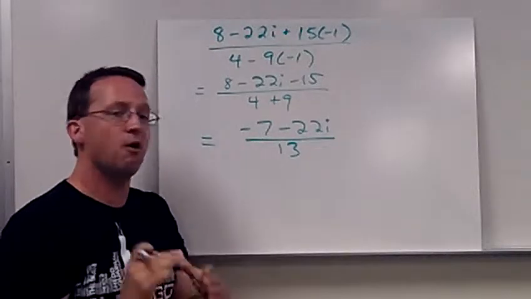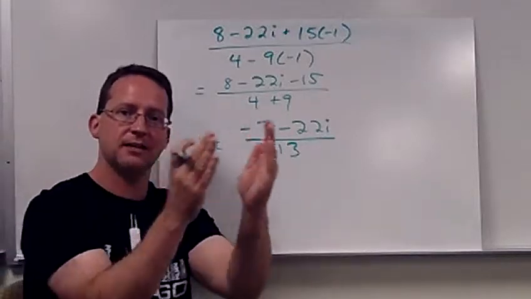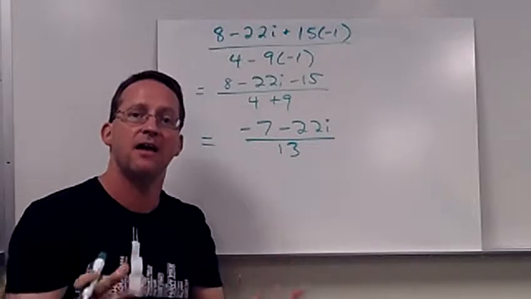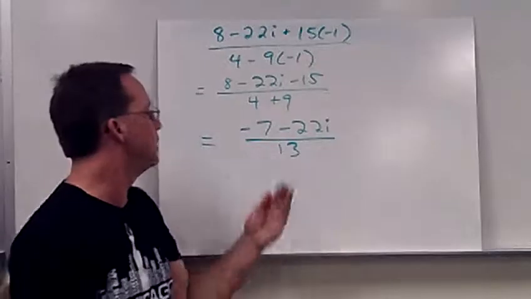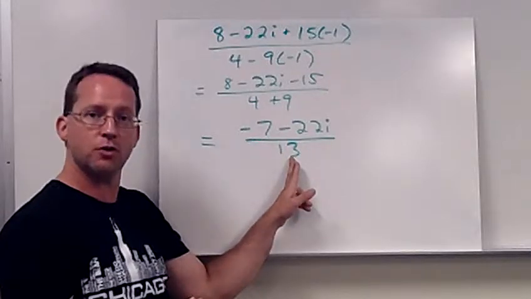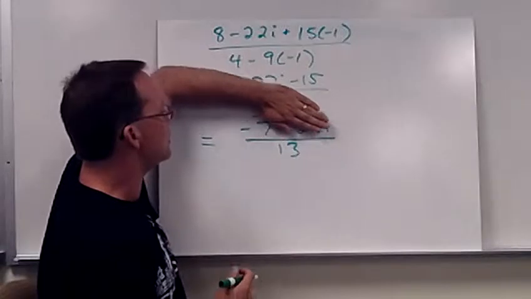All right? Now our final step here is to write this as a separate real piece and a separate imaginary piece. We want that answer to look like that a plus bi that we've seen in complex numbers before. So since we're dividing the numerator by a single term here, just by the 13, we can think of it as being two smaller fractions.